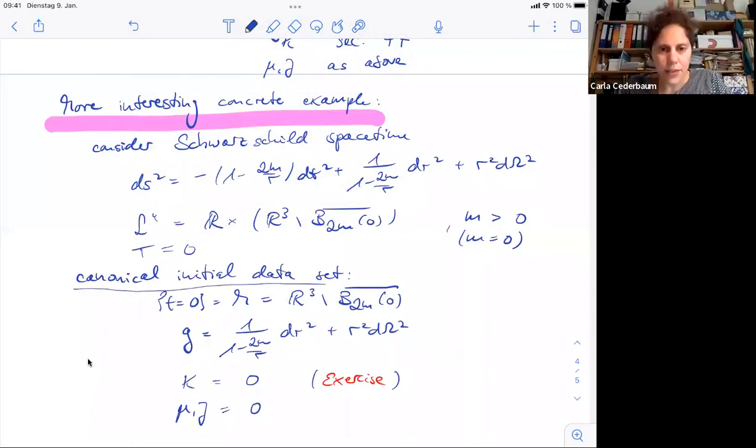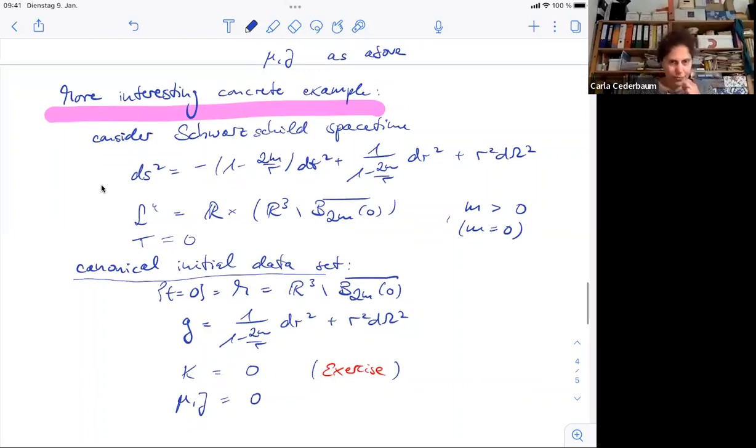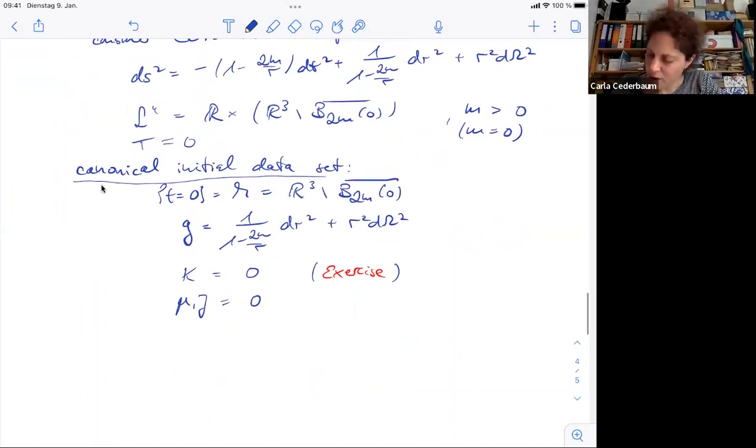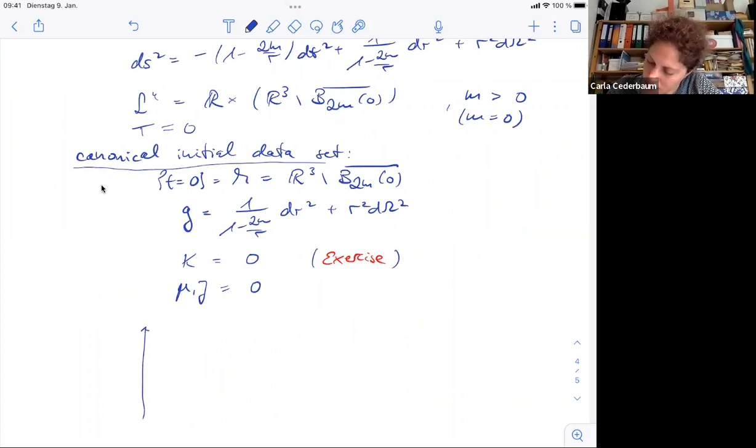And then here we can look at other initial data sets. So let me draw a sketch. Here's our time function T of Schwarzschild spacetime. Here is T equals 0, our canonical initial data set.